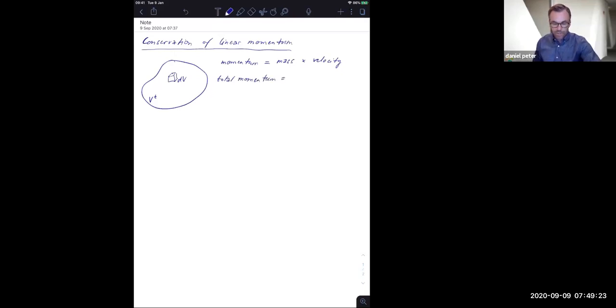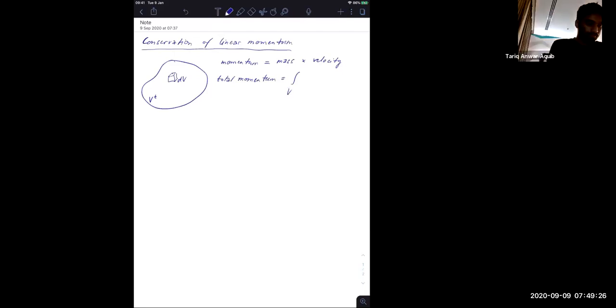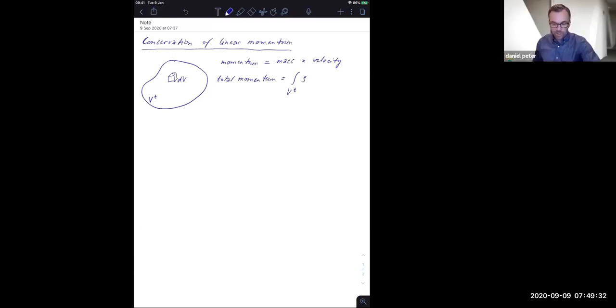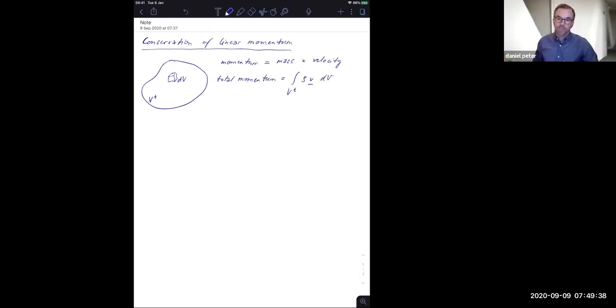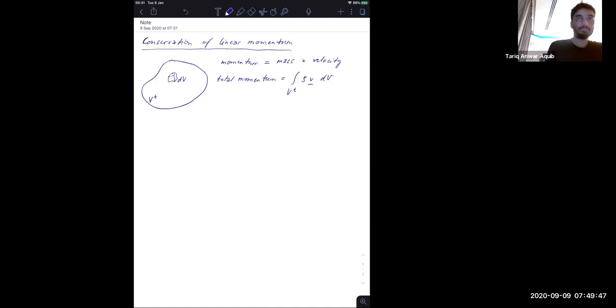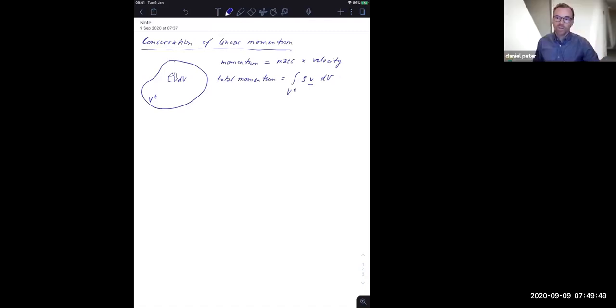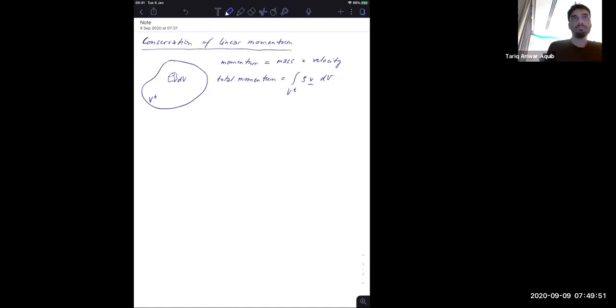Well, it becomes the integral over the whole volume of rho times the velocity v integrated over the volume. So v, you see again the notation with the bar below v. So v is a vector and rho is density.